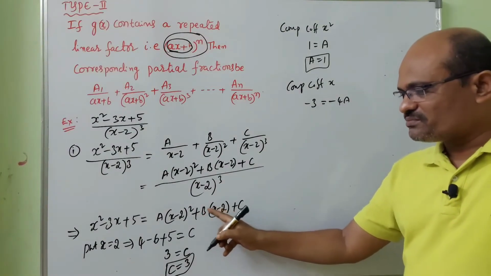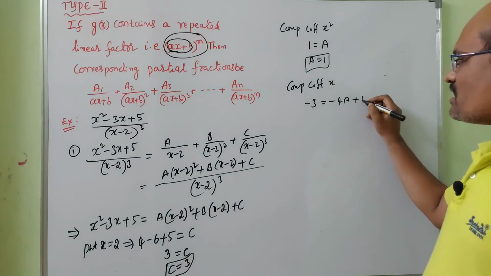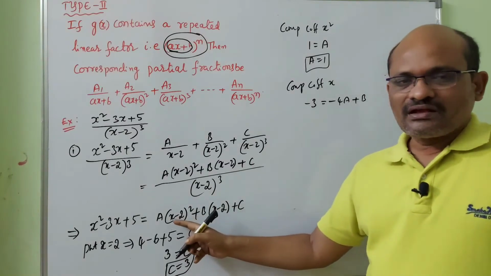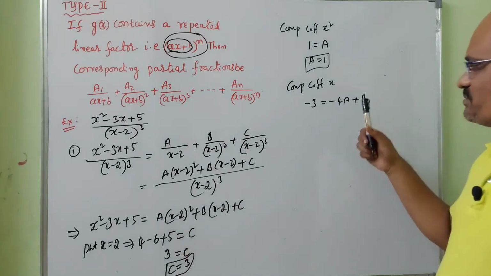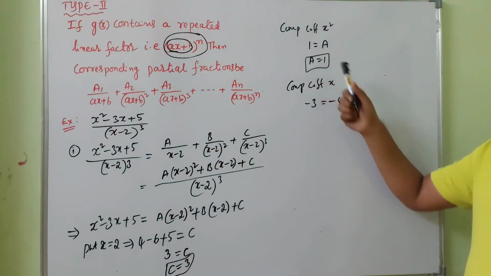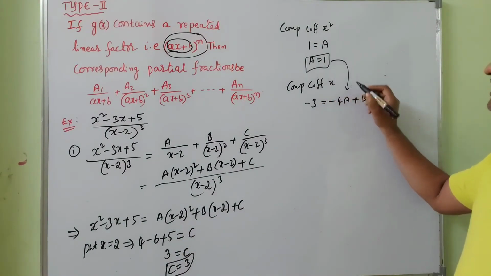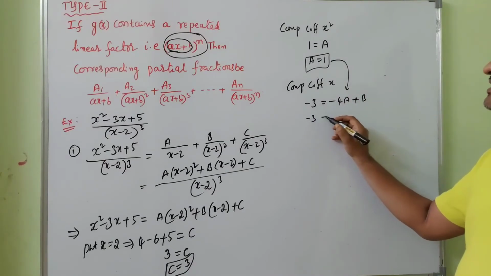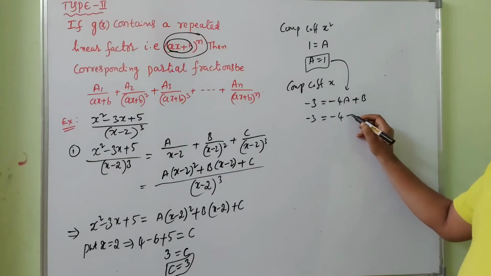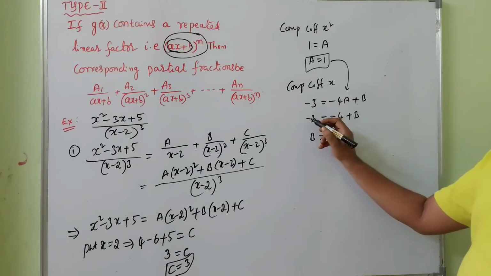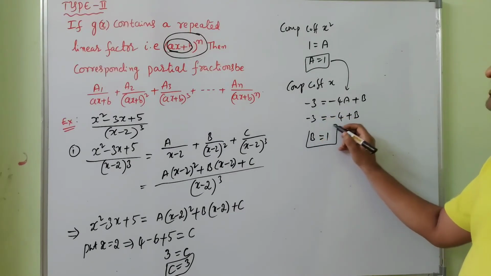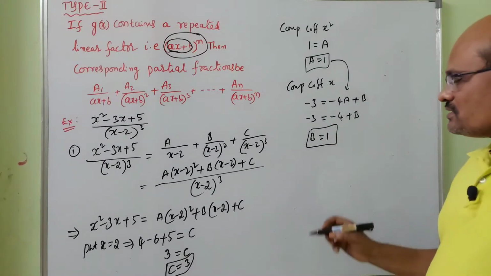Here if you multiply with b, the x coefficient is b. On RHS, the x coefficient is minus 4a plus b. Now we know the value of a. Substitute the a value here. Minus 3 is equal to minus 4 plus b. So shift minus 4 to this side, you will get 4 minus 3, 1. So b is equal to 1.